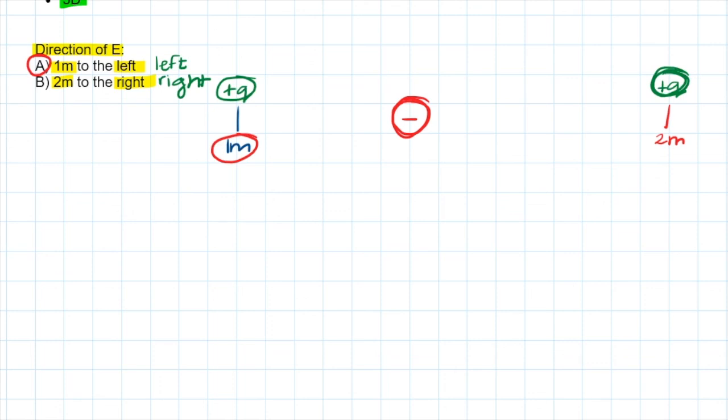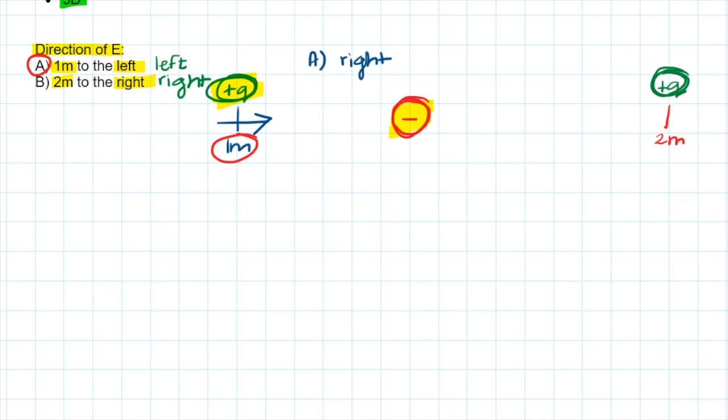We place our positive test charge at that distance away from the negatively charged particle. And we say, in which direction will this positive test charge move? Since positive is attracted to negative, the positive test charge is going to move towards the right. And therefore, to answer A, we're going to say towards the right.